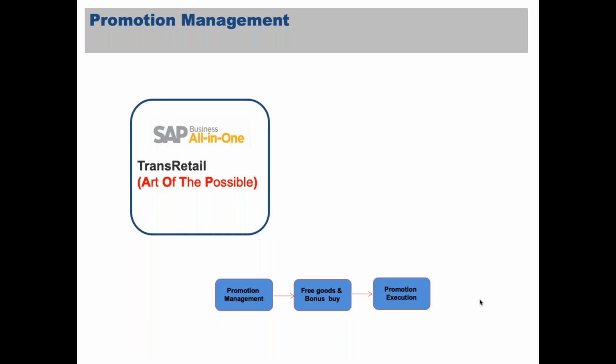So the success of bonus buy configuration is ultimately dependent on the point of sale system to interpret the message that we are sending. When I say interpret, when I say buy 3 get 2 free from this group of products, when I scan the product, the system should read and understand, okay, the customer has bought only 2 products and the offer is eligible only if you get 3 products, 2 free, right?